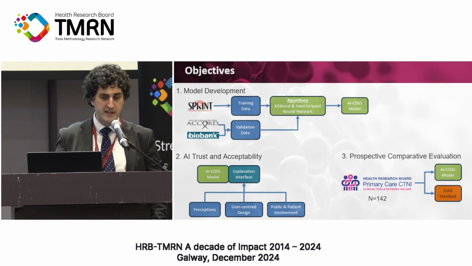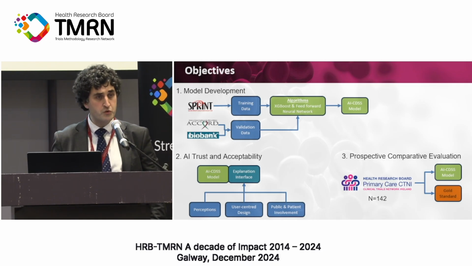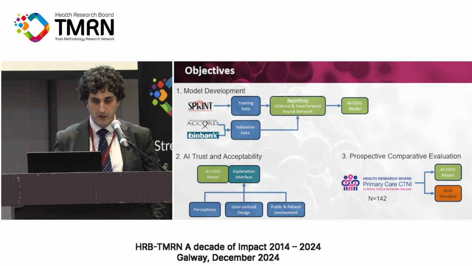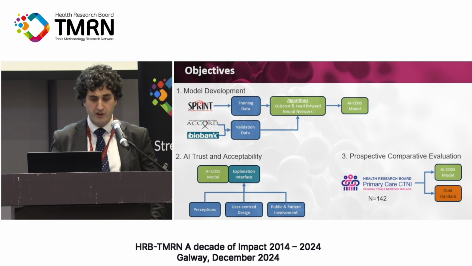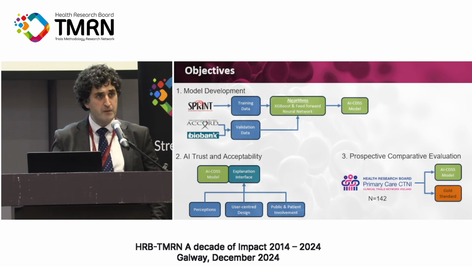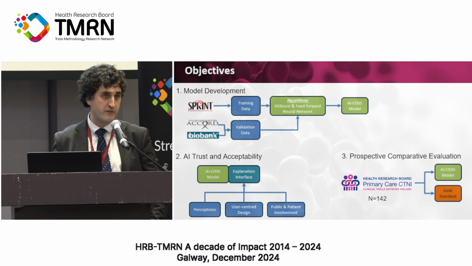So as part of the HRB grant, we're doing further development on the model and external validation in another trial called the ACCORD trial, and in real world data with the UK Biobank. What's very important here, though, is will this be trusted and will this be acceptable? So we have some human factors work packages around this.